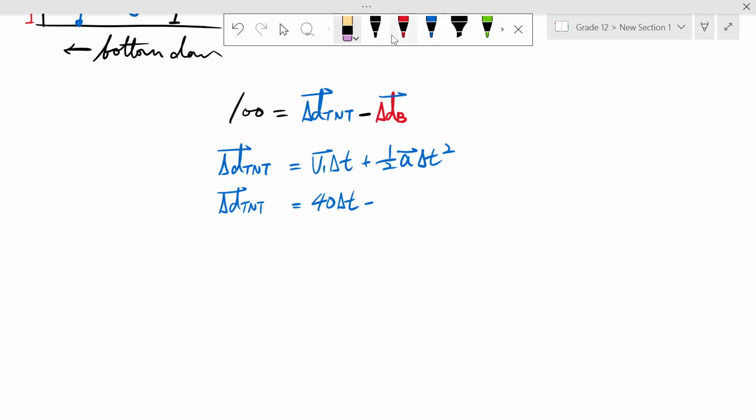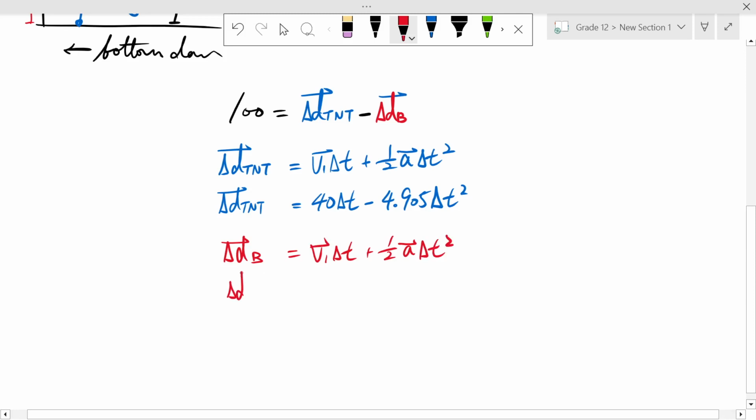I'll combine that into 1, and if you recognize the number, it's 4.905 delta t squared. That's for TNT. Now I'm just going to copy the same equation for Batman: v1 delta t plus half a delta t squared.